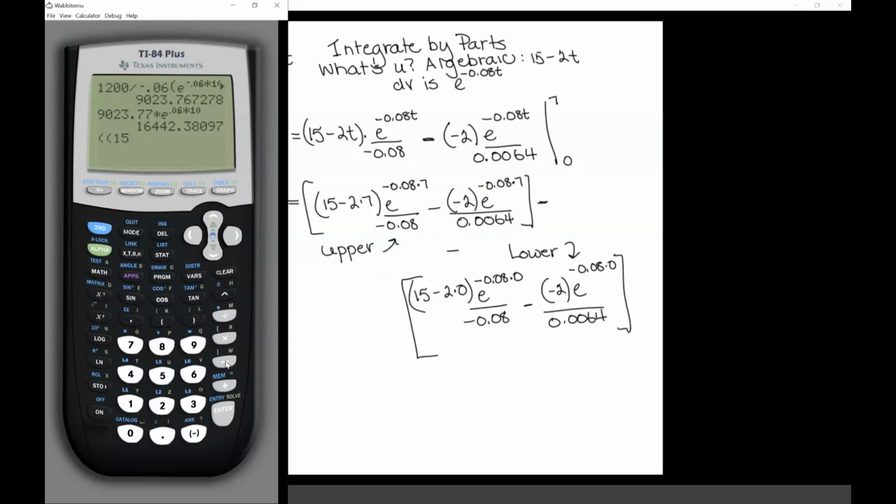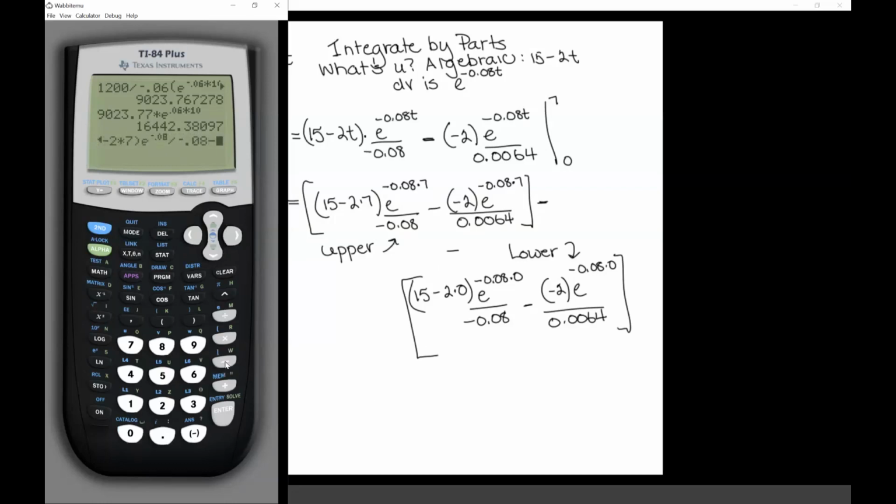So 15 minus 2 times 7, close the parentheses, then I have e to the negative 0.08, out of the exponent, divided by negative 0.08.